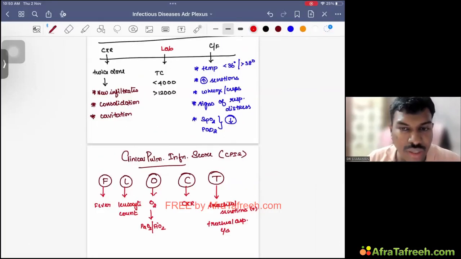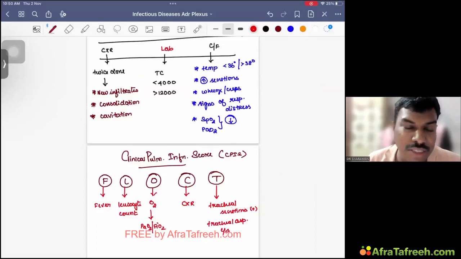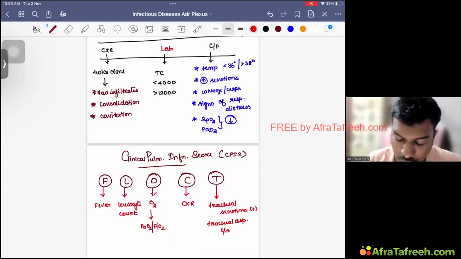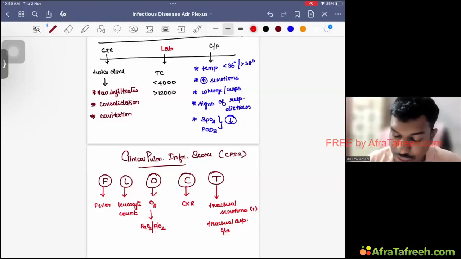Based on this, you are going to score the patient and decide what kind of worsening the patient is having. So this is called the CPIS score or clinical pulmonary infection score. We are going to have fever, leukocyte count, oxygenation, PaO2 by FiO2, chest X-ray, tracheal secretions, and the secretions culture sensitivity. So these are taken into account.